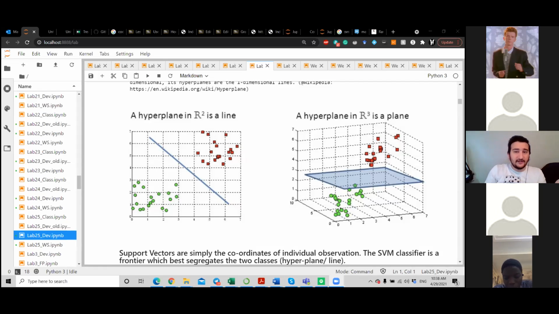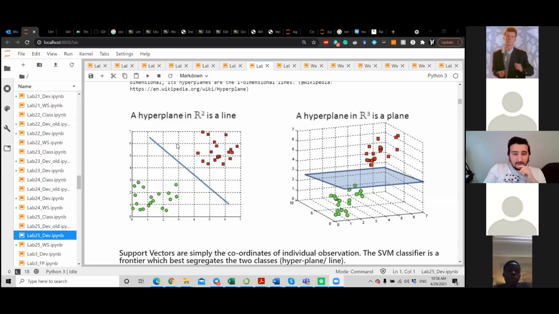So if you are in the 3-dimensional space like this one, your hyperplane is going to have 2 dimensions and it's going to look like a plane. But if your space has 2 dimensions like this one, then your hyperplane is going to look like a line which has 1 dimension. You got it?